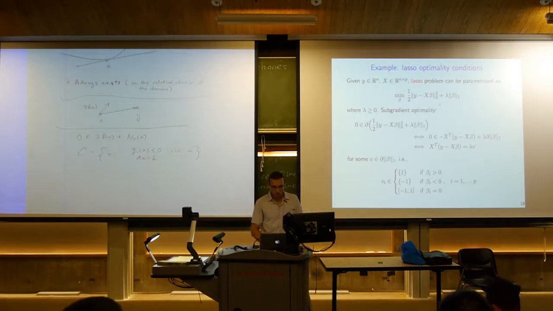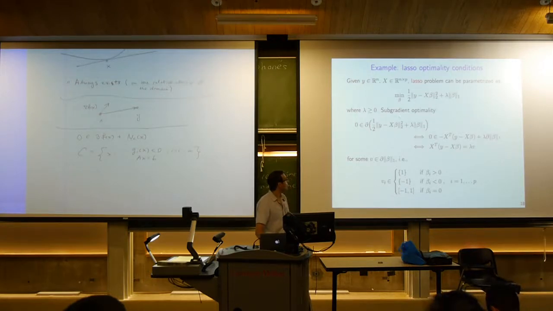Let's look at what the subgradient optimality condition would say for this problem, where we're regressing y on some predictors x, but we're adding an L1 norm penalty on the coefficients beta.